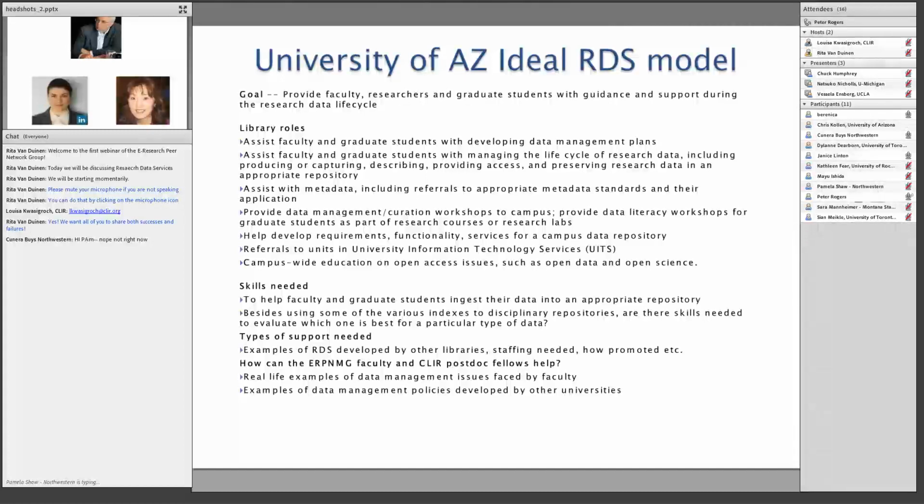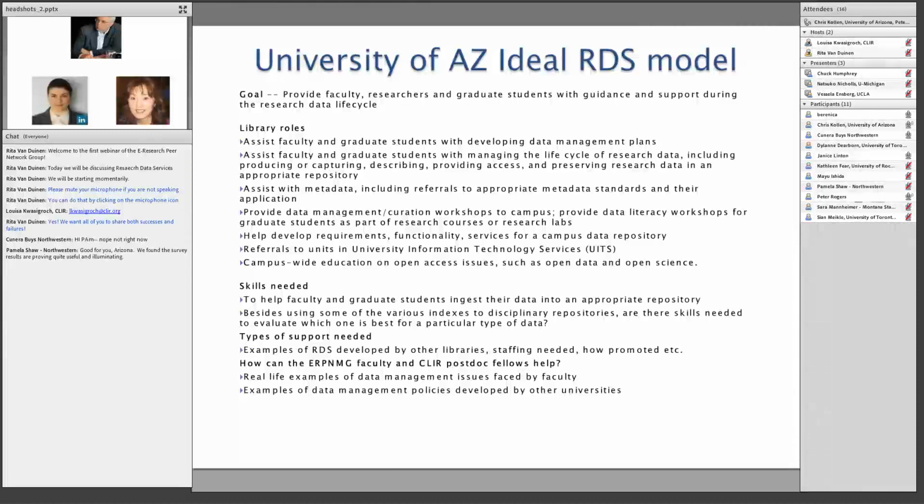And you can see on the screen the number of different ways we would be able to do that. Assist with metadata. I attended the Data Information Literacy Symposium last fall, and I'd really like to work more with graduate students and offer data literacy workshops, either as part of classes or in the research labs.